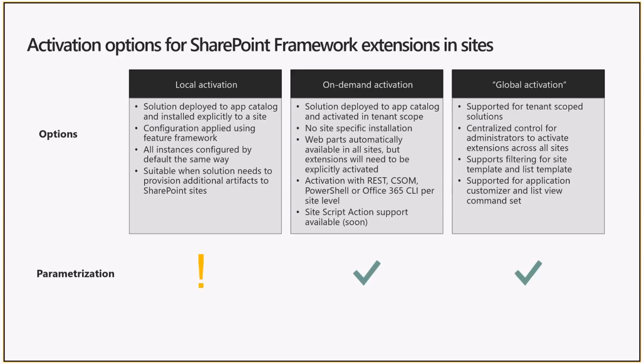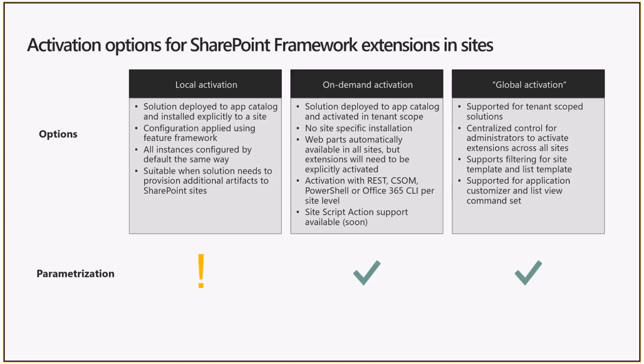Technically it's a list in the app catalog, where you can target extensions to be activated automatically, for example, in all of your modern sites without provisioning things one by one.